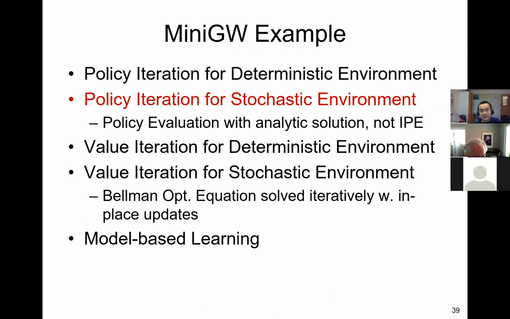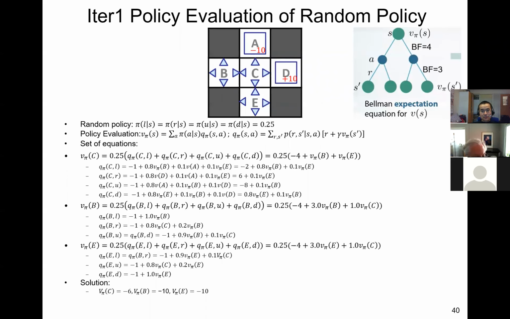So that's for the deterministic environment. Let's look at the stochastic environment, where if you go in one direction, the environment may turn you into left or right directions. Now the branching factor for the environment is 3, because there are 3 possible outcomes for the same state action.